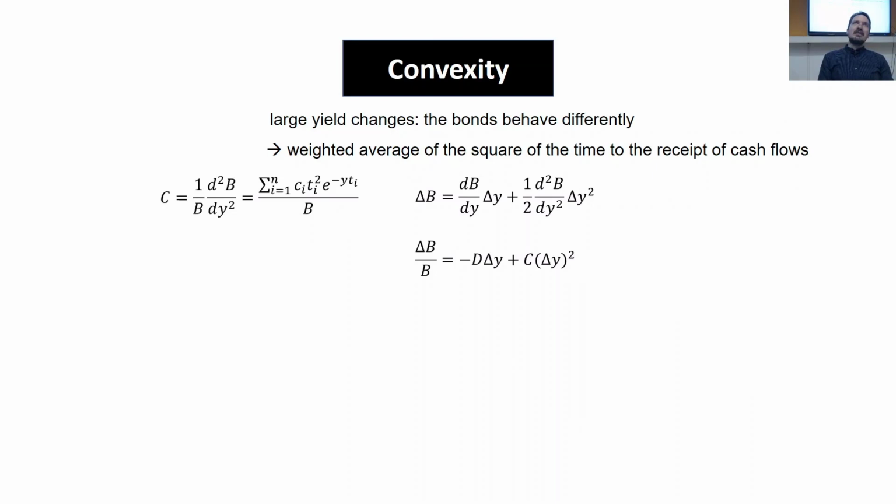So, last time we had the delta, and also we had the gamma. That was the other thing. So what happens with large yield changes? And the weighted average of the square of the time of the receipt of cash flows.